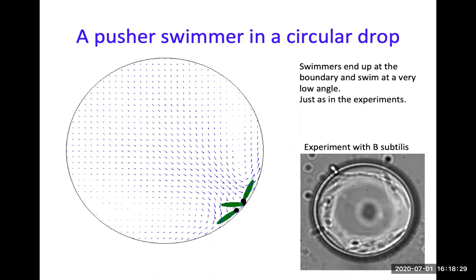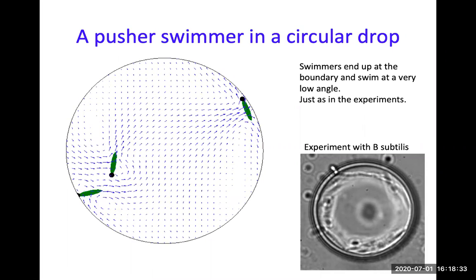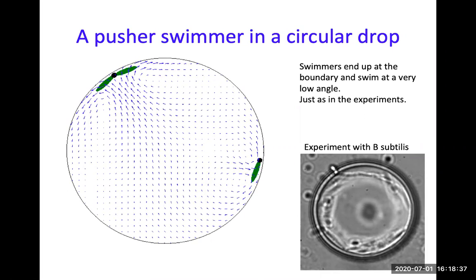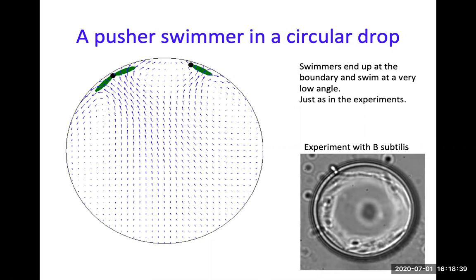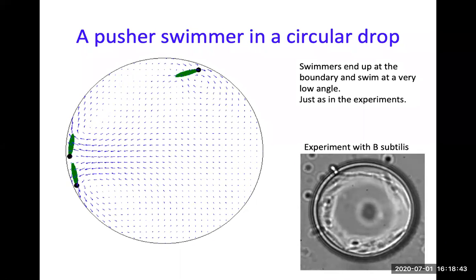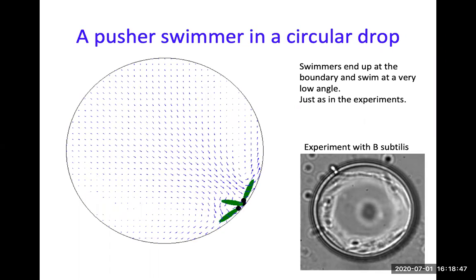But because they're pushers, bacteria, they will stay there due to the shape and also due to the fluid flow that pushes them around the boundary, unless something else essentially knocks them outside. One thing you will notice is that a single swimmer here is moving at a very, very low angle against this boundary.